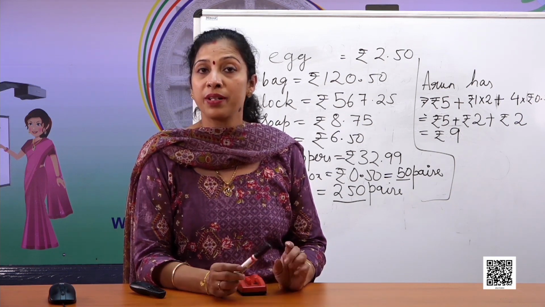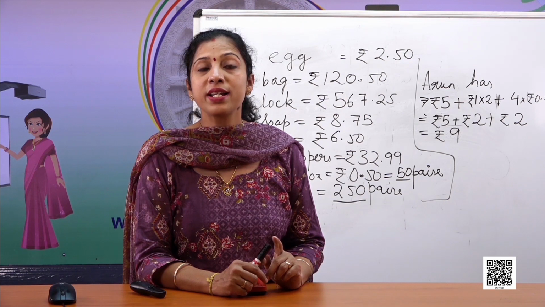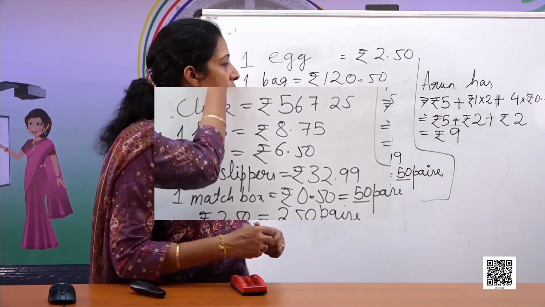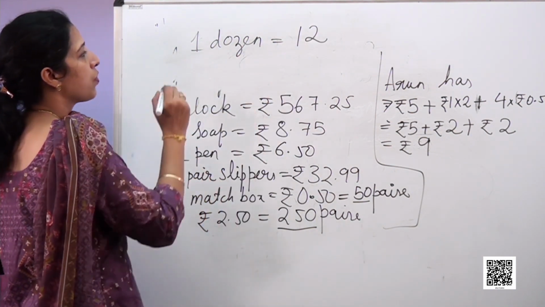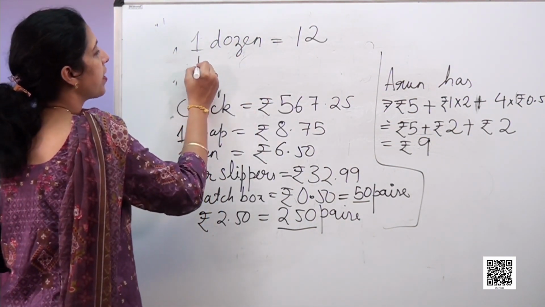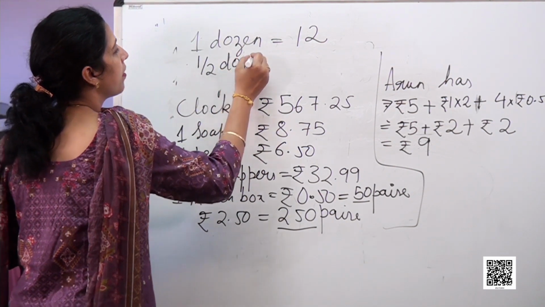What is the number for 1 dozen? 1 dozen equals 12 eggs. So for 1.5 dozen, 1 dozen equals 12, and another half dozen equals 6.